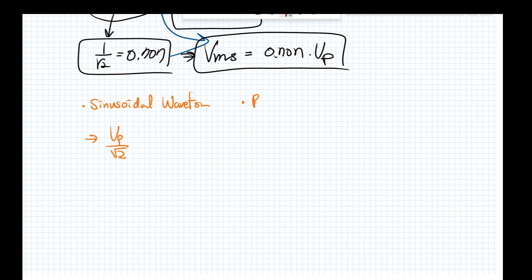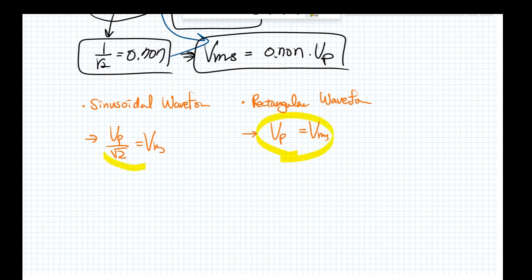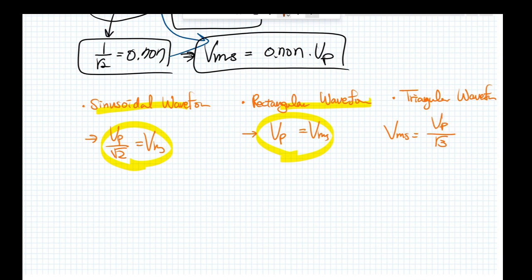But for the rectangular waveform, V sub RMS is equal to V sub P. That's very important, okay? And then the last one is the triangular waveform, where V sub RMS is V sub P over root 3.